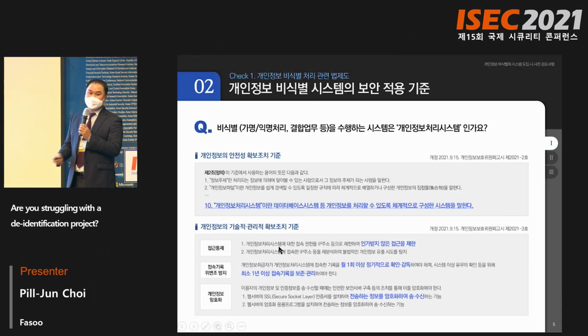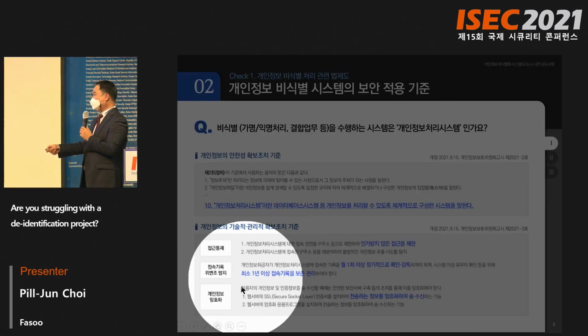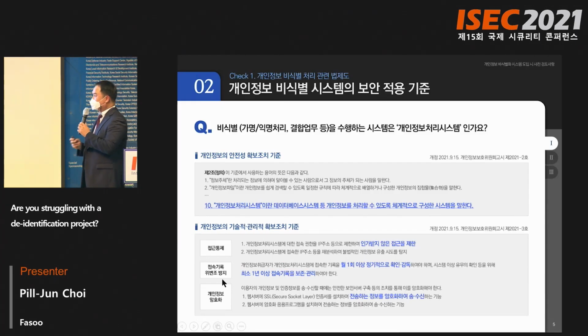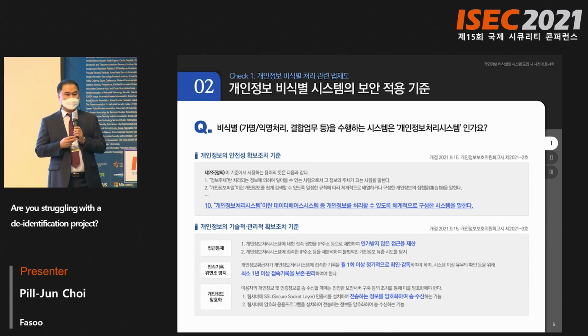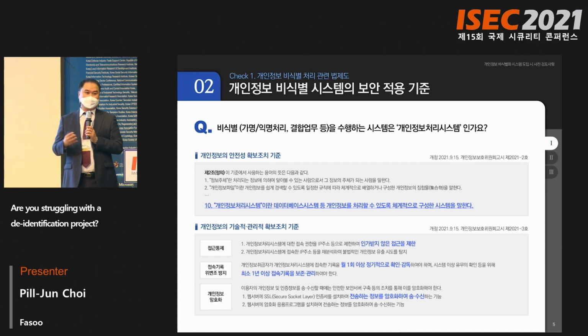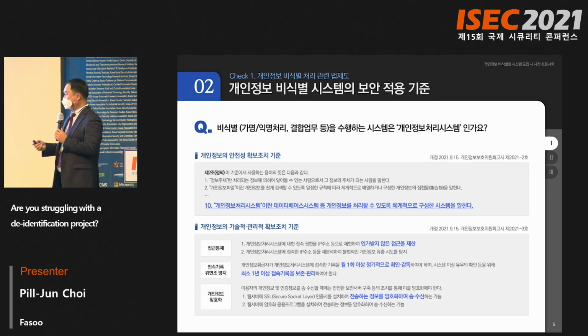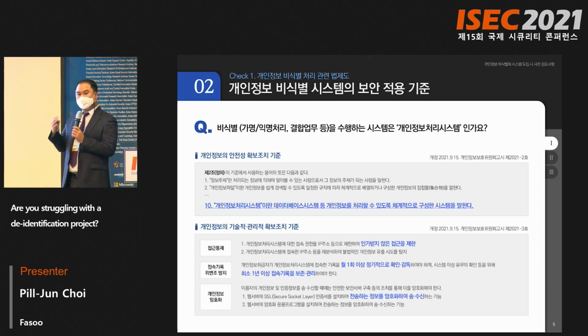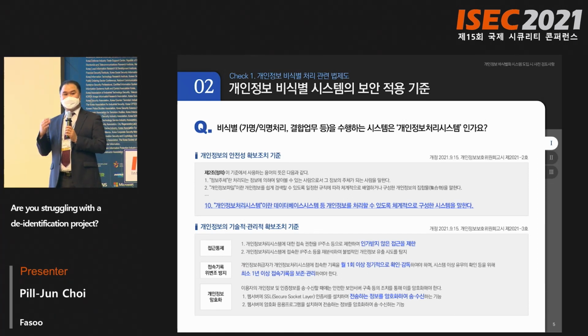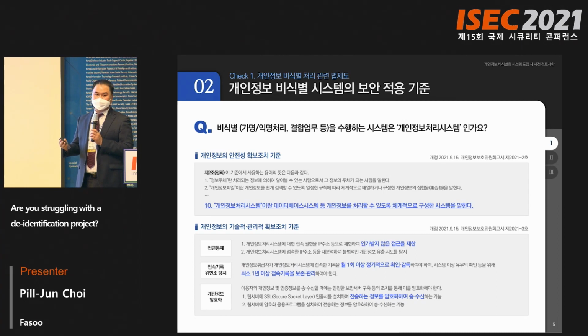According to the same notice, there are 3 main principles, even though there are many more. The first is access control. For access control, the approved IP, accounts, and many other conditions need to be considered, so only authorized access is allowed.